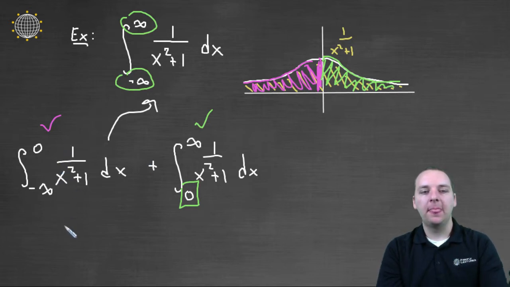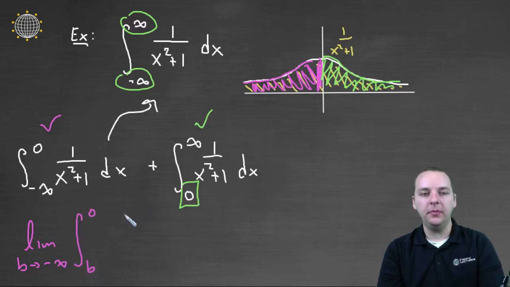So for this guy, let's take the limit, let me keep the colors straight just so there's no confusion. The limit as b goes to negative infinity for the integral from b up to 0 of 1 over x squared plus 1 dx.